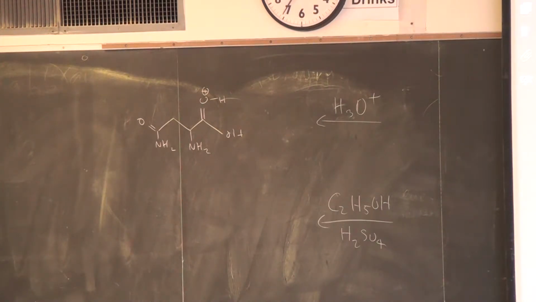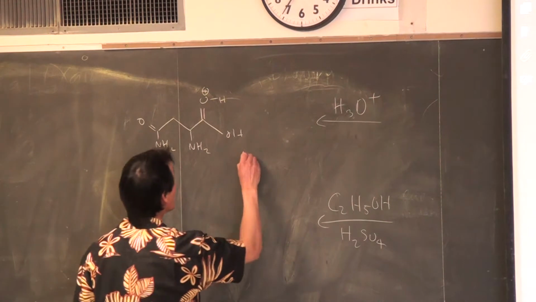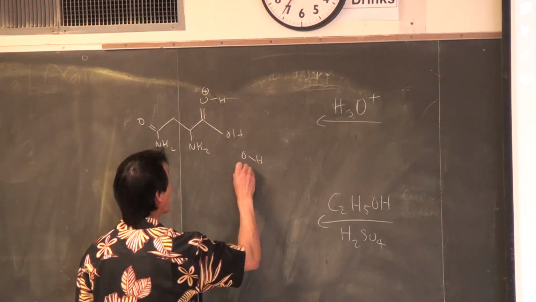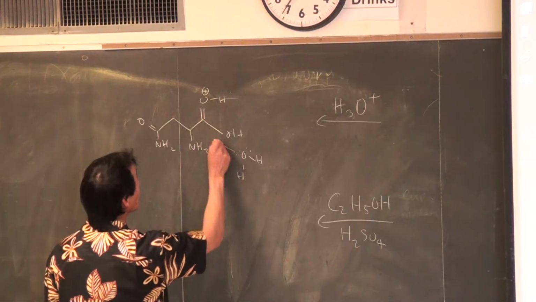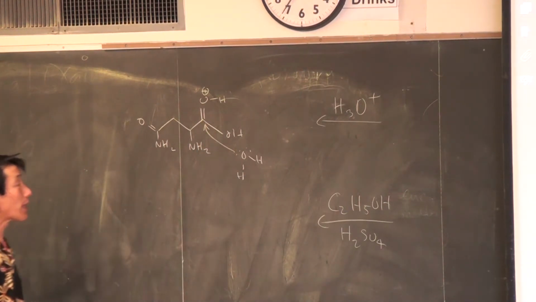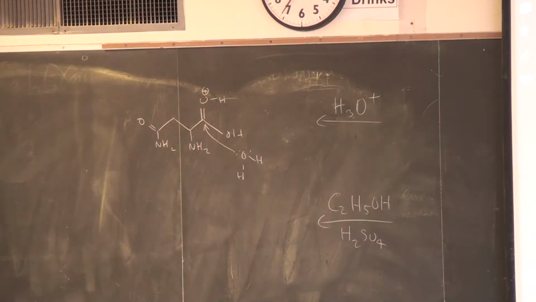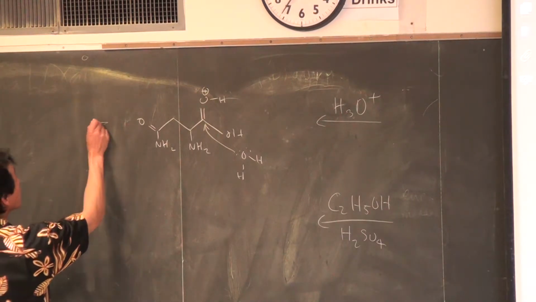Okay, so once this forms, we have H2O, and then where can the water react? Yes, it reacts with the carbonyl carbon, and then what will we get as our product? Yeah, so once that forms, it's going to form this intermediate.